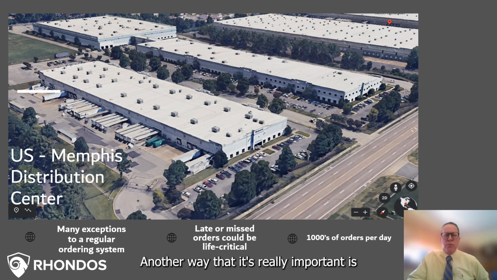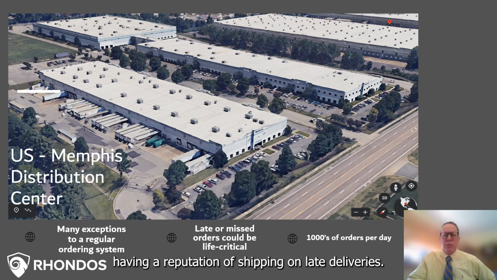Another reason it's really important is that we are a worldwide medical device manufacturing company. Most of those orders are critical and can be life critical for saving someone, and it's important that those orders get out on a day-by-day basis and we don't end up having a reputation of shipping late deliveries.